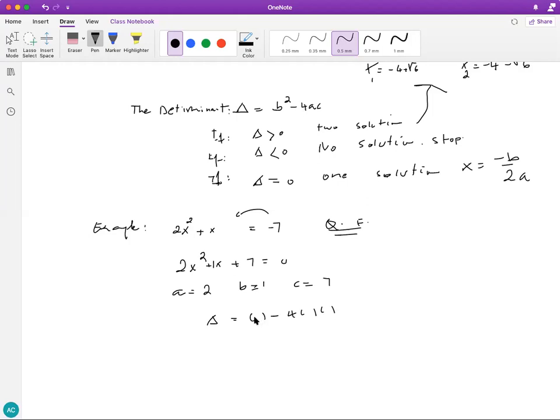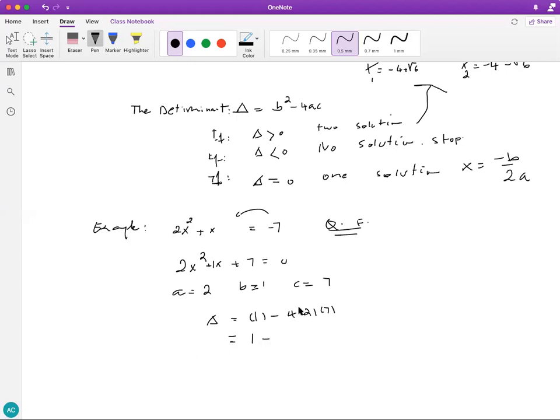What is b again? b is 1. And negative 4 times a, which is 2. And c is 7. Evaluate your delta.